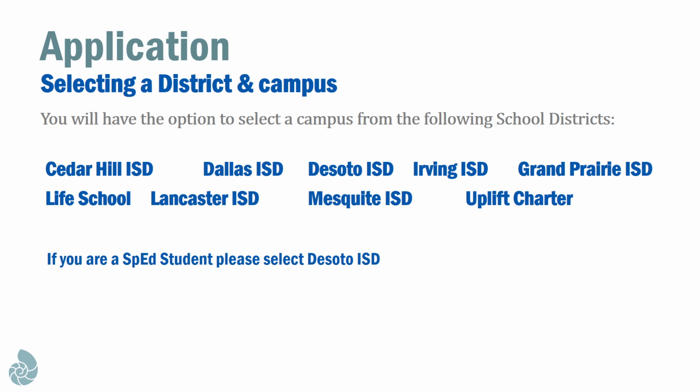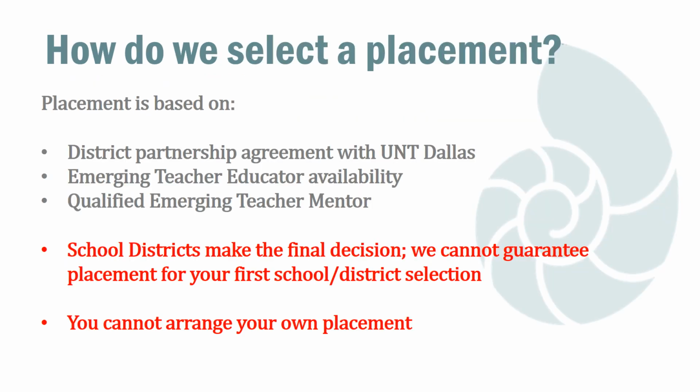Selecting a district and campus. You will have the option to select a campus from the following school districts: Cedar Hill ISD, Dallas ISD, DeSoto ISD, Irving ISD, Grand Prairie ISD, Life School, Lancaster ISD, Mesquite ISD, and Uplift Charter. How do we select a placement?